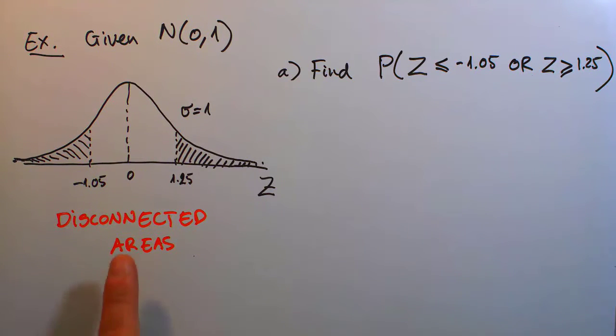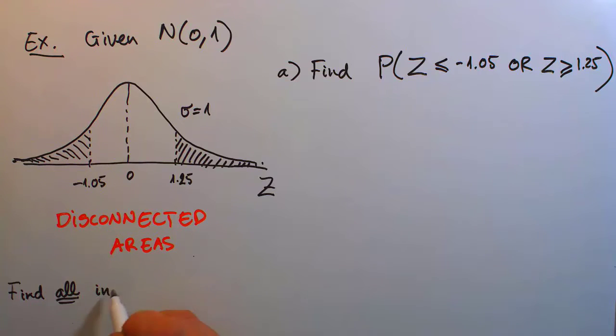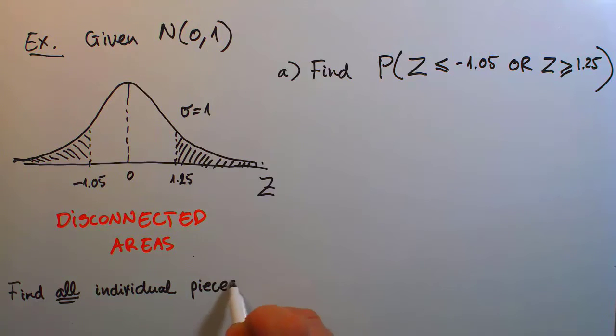Anytime you run into disconnected areas, there's only one fundamental: find all individual pieces. Here we got 2 individual pieces, so find all of them and total them up.